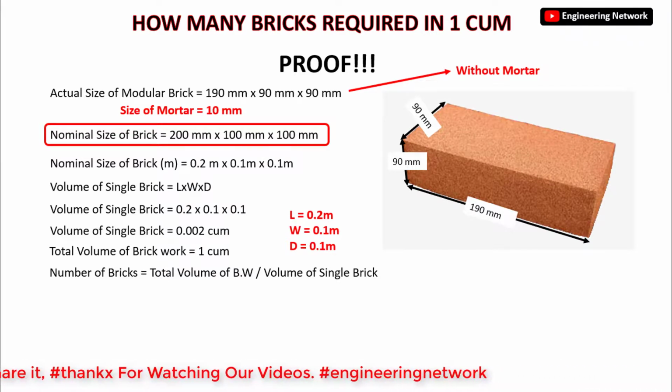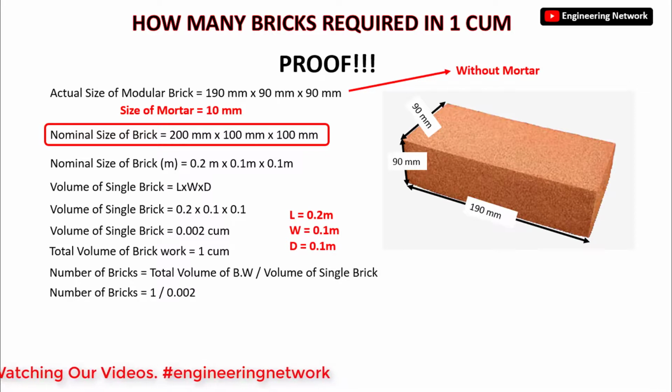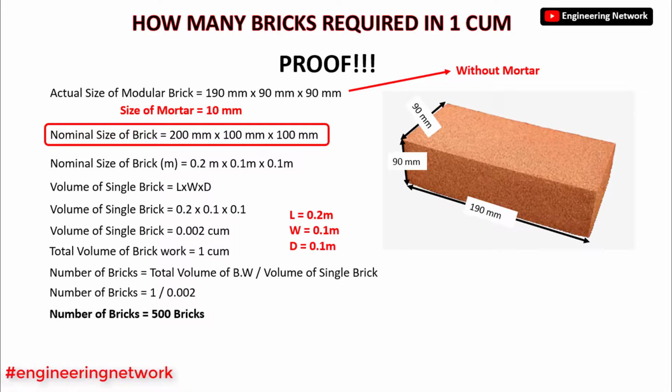After calculation, the number of bricks will become 500. This is the proof that in 1 cubic meter volume we need to provide 500 bricks. This is our today's topic, and I hope you find it very helpful.